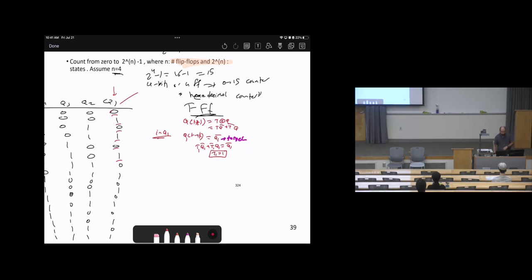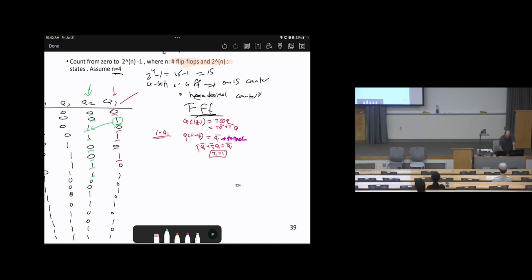Let's look at Q2. In Q2, let me make it with a different color. Q2 is 0, 0, then it will be 1, 1, then 0, 0, 1, 1, and so on. What's happening? How can we make it 1? How can we make it 0? When Q1 equals 1, the next status of Q2 changes.